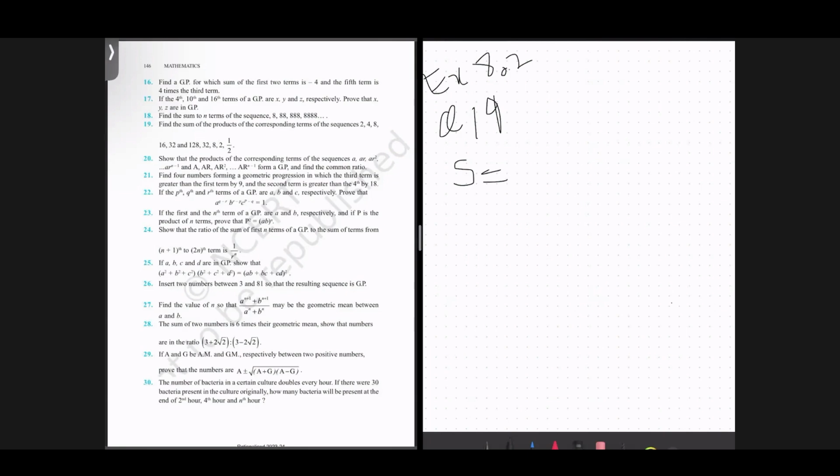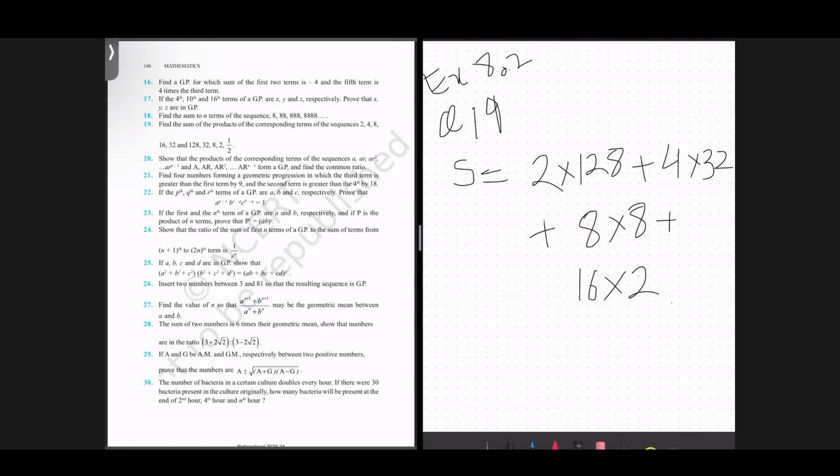So the summation would then entail 2 into 128 plus 4 into 32 plus 8 into 8 plus 16 into 2 plus 32 into half. Right. This is what has been given to us as the sum.